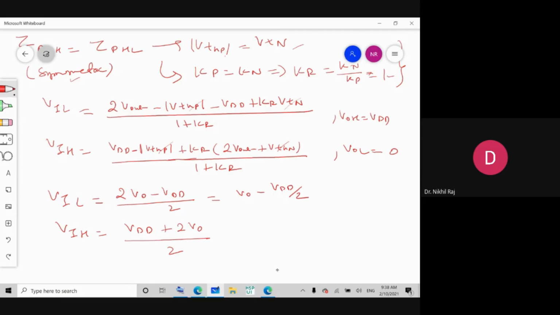So now substitute. The VDD minus this will cancel out, and then we will be left with VDD plus 2V out. Kr is 1, so the 1 and 2 will cancel out. So we will get VDD by 2 plus V naught.